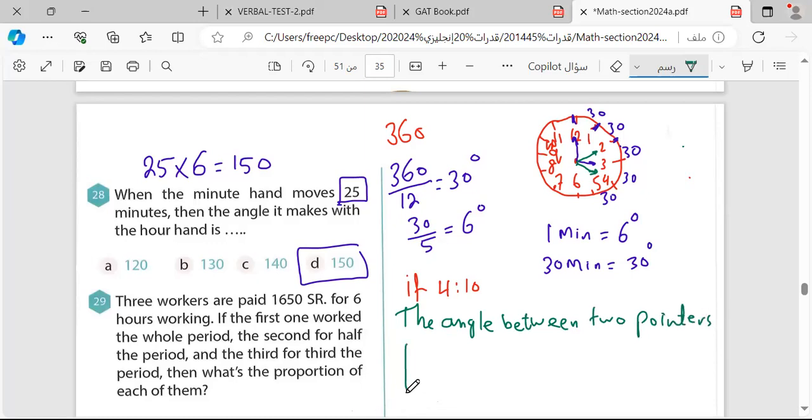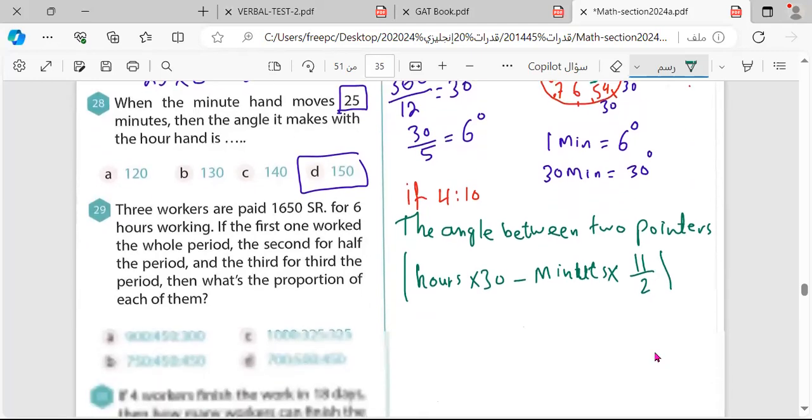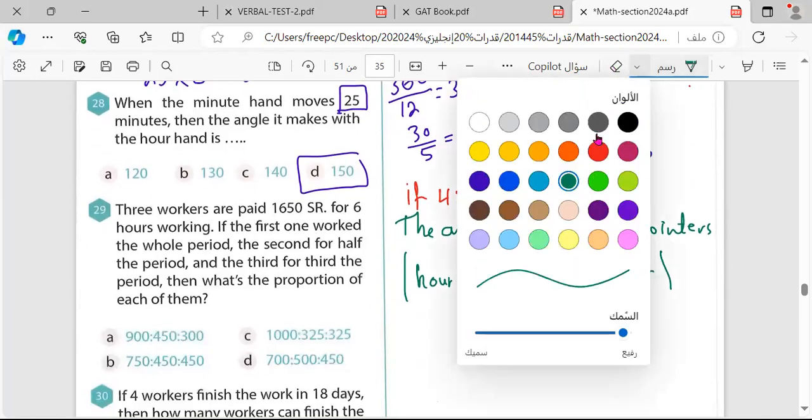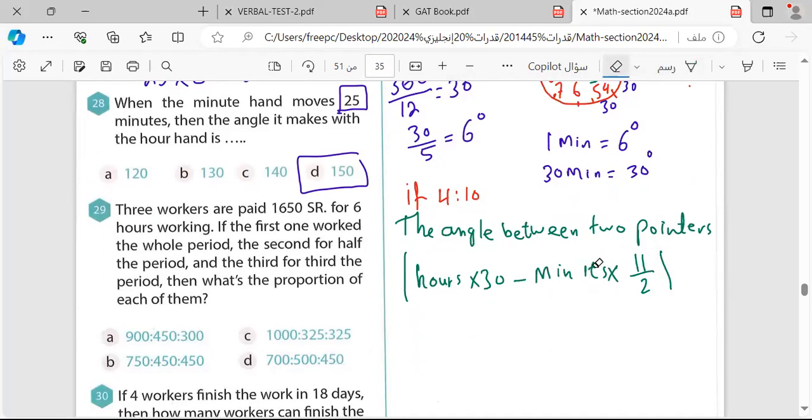It is hours times 30 minus minutes times 11/2. This formula helps you to find the angles. Minutes.